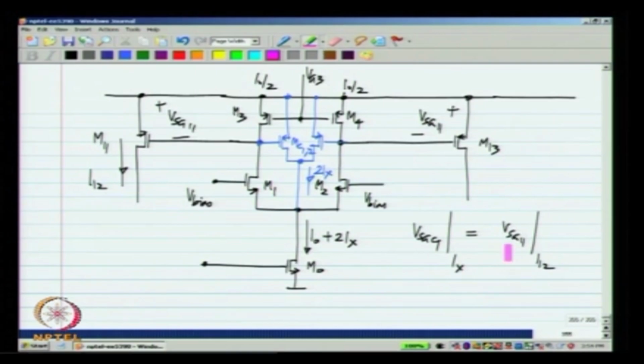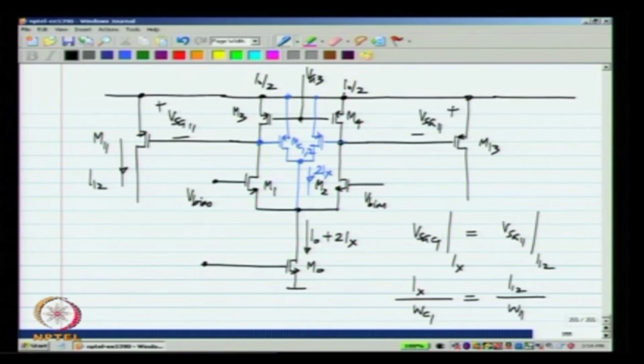This is an extremely easy thing to do. All we have to do is make sure that M11, MC1 and 2, and M13 have the same current densities, in other words, MC1 and 2 are replicas of M11 and M13. So Ix divided by WC1 should be the same as I12 divided by W11, and the same thing for MC2 and M13.